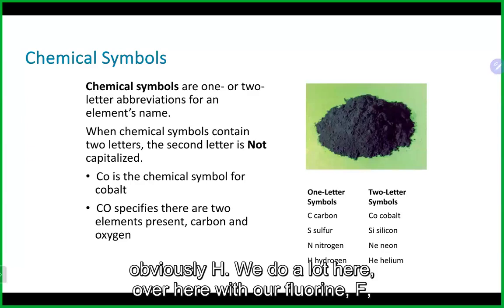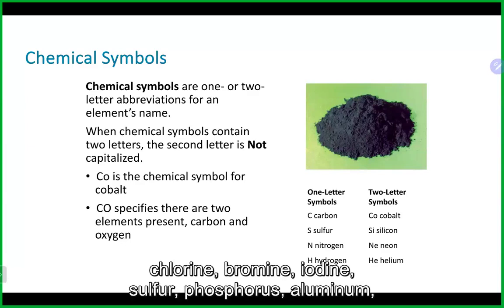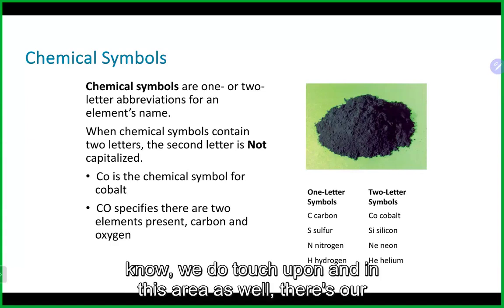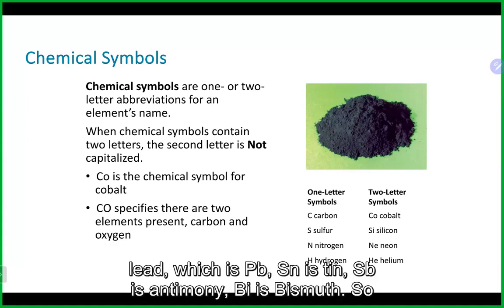We do a lot over here with our fluorine, F, chlorine, bromine, iodine, sulfur, phosphorus, aluminum, silicone. Like I said, a lot of these over here we do touch upon. And in this area as well, there's our lead, which is Pb. Sn is tin.